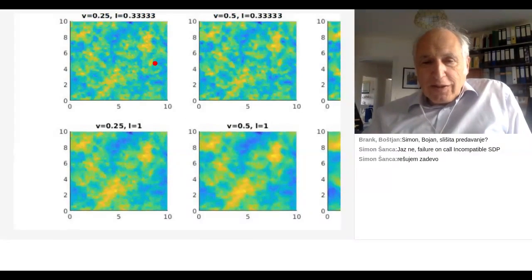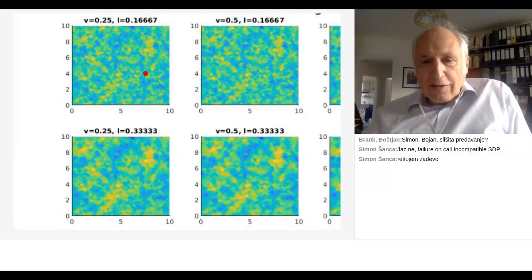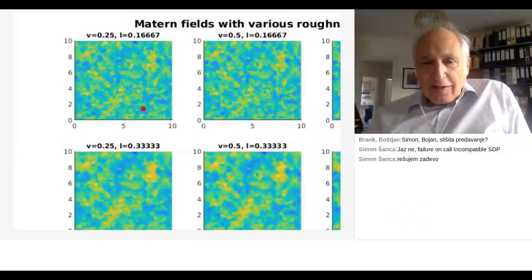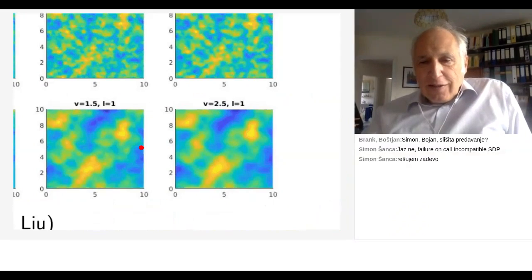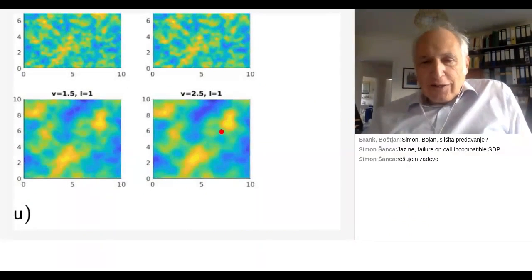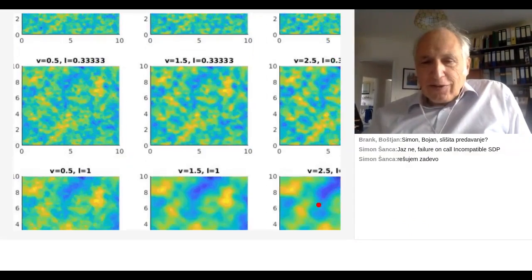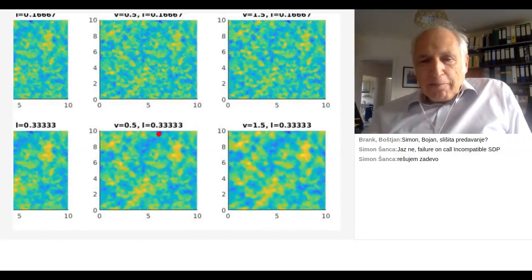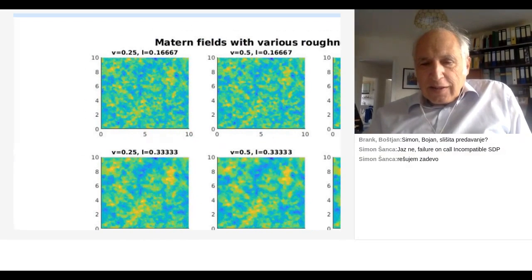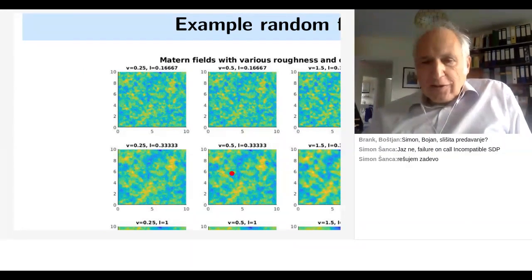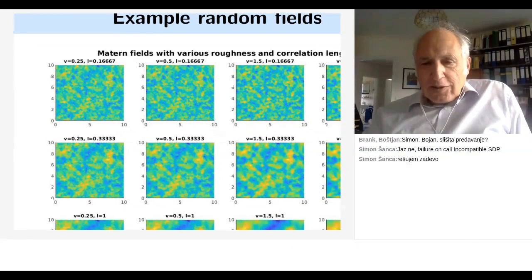There's green in between, especially if you look here. And then this one here is very smooth with a large correlation length, and you see how this looks completely different than this here. The only thing which was changed in the KLE, in the Karhunen-Loève expansion, was the spectrum.